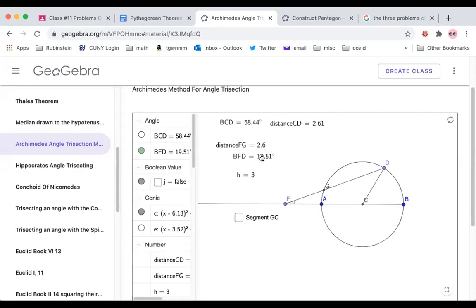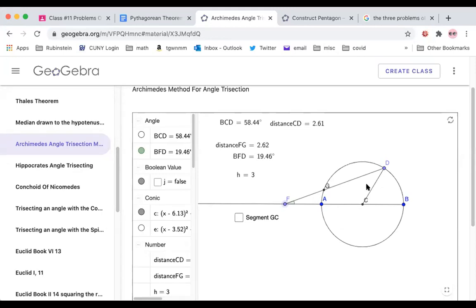But for now, you can actually see they're divided here, and you see H equals 3. If I put F anywhere else, see how this H, which is the ratio, is not 3. But if I move it out so that FG is the exact same length as DC, if I can accomplish that.